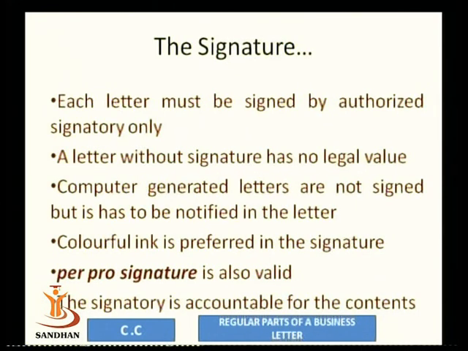It is a Latin word, per procuration. So by authority, the other person is signing. He is not actually eligible to sign when the authorized signatory is available in the office. In his absence only, the person who is authorized to sign does so, and that method is called per pro signature.